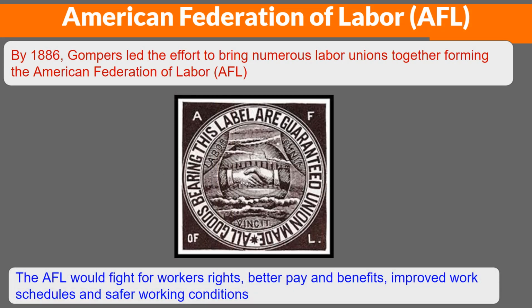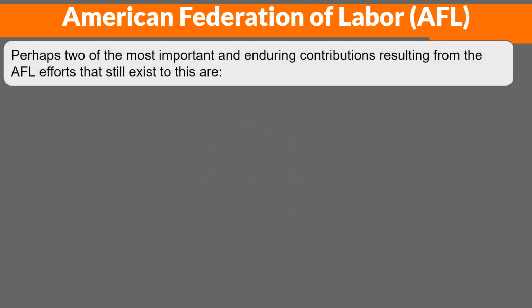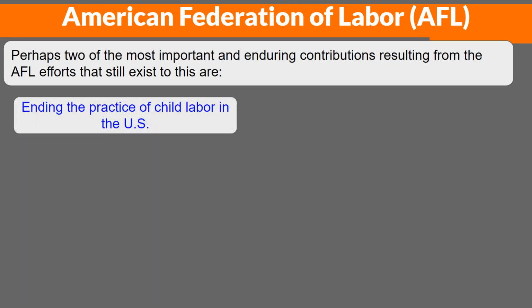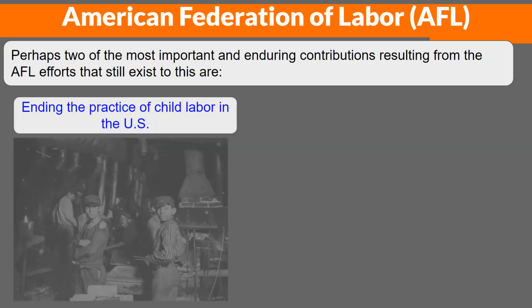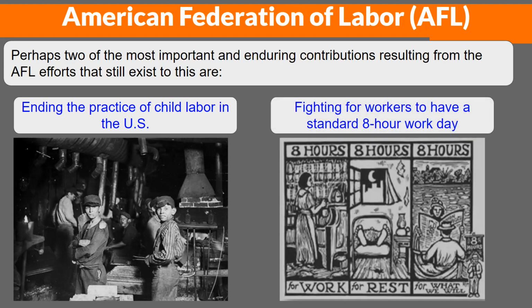The AFL would fight for workers' rights, better pay and benefits, improved work schedules, and safer work conditions. Perhaps two of the most important and enduring contributions resulting from the AFL's efforts that still exist today are ending the practice of child labor in the United States and fighting for workers to have a standard 8-hour workday.